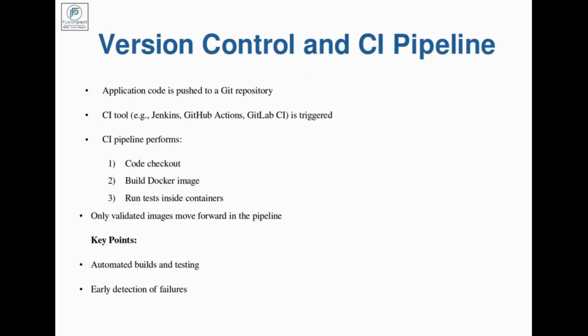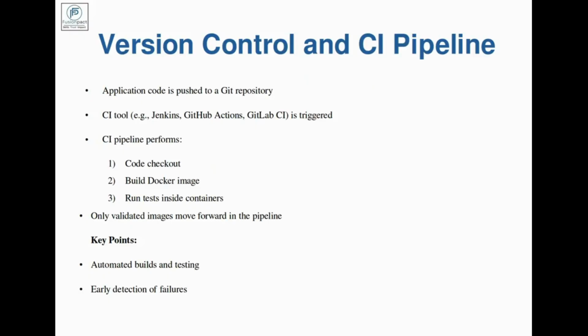The first step of the pipeline is to check out the code, pulling it from the remote repository to the Jenkins server where our Jenkins is running.